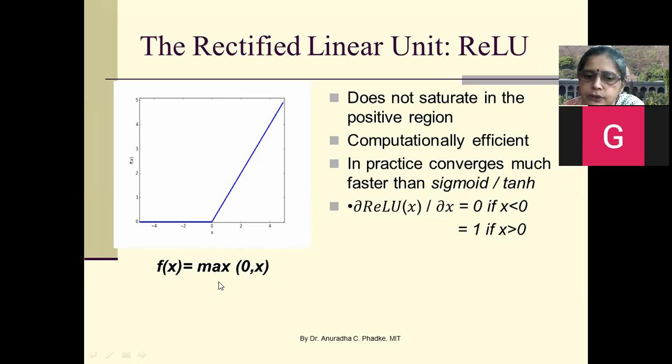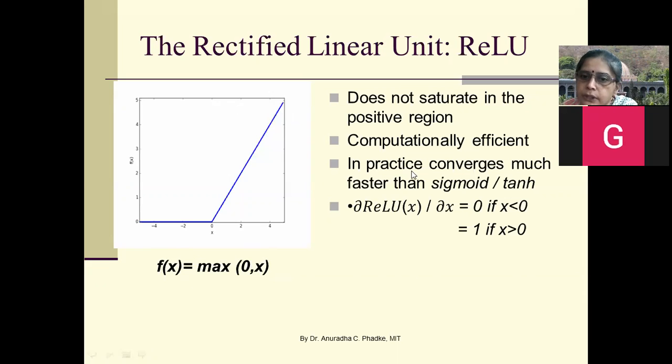We need to simply apply this max function on the net output, and this operation gives us the final output. So this is computationally very efficient, and there is no saturation in the positive region. So the probability of vanishing gradient is reduced by making use of this ReLU activation function.